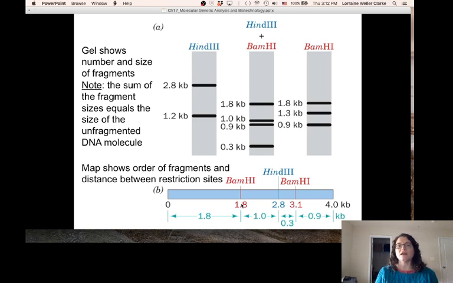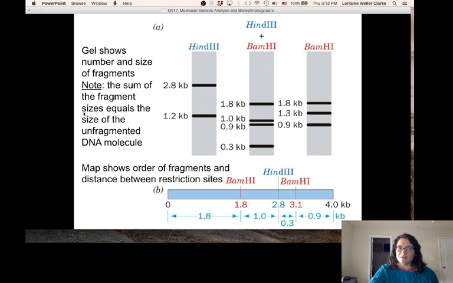So then you will take this, and when it's broken up by only the HindIII or the BamHI or both of them, it's going to have a different setup, okay?